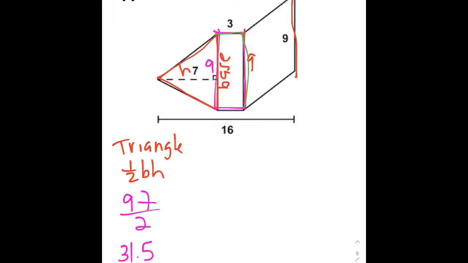Now when I want to do the area of the rectangle, we're going to add that, and the base is 3. Oh, let me back up. Hold on. The formula is base times height, where the base is 3, the height is 9, and so that gives us an area of 27 that we're going to add to the 31.5.